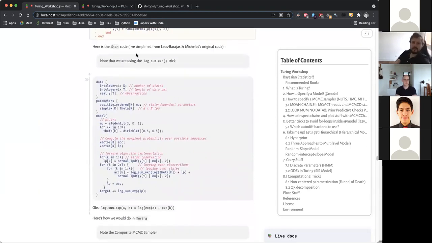Oh, it's here. So here's our data block. We have K states, some number of times, and we have an array of reals, of floats, y, that has the same length as the number of times. And then we have a positive ordered mu, for the state-dependent parameters.